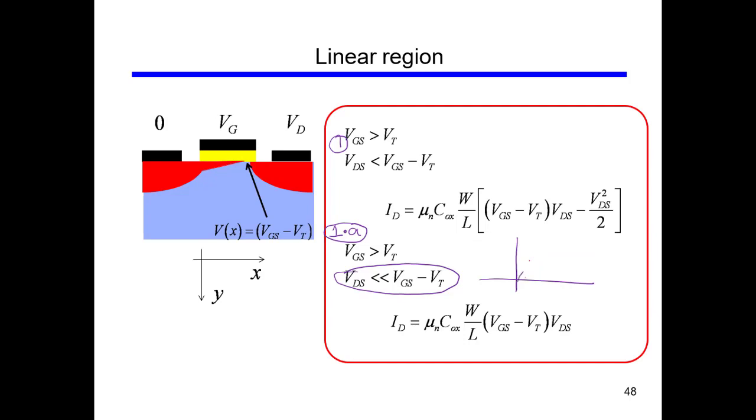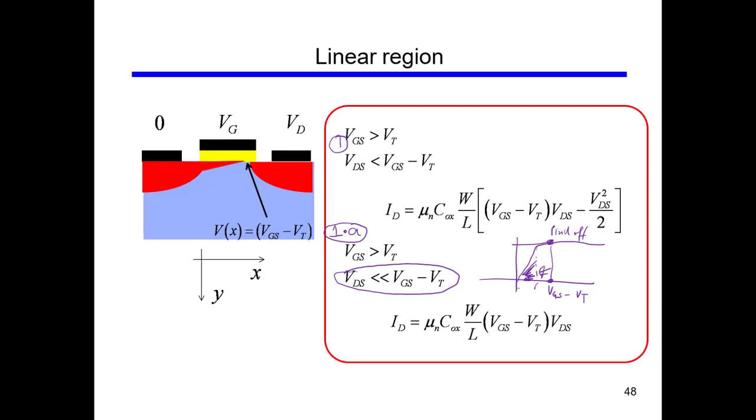If I draw the curve like this, this is our pinch off point, and at this point it is VGS minus VT. So what that means is that you are far from this point and you are in this region.